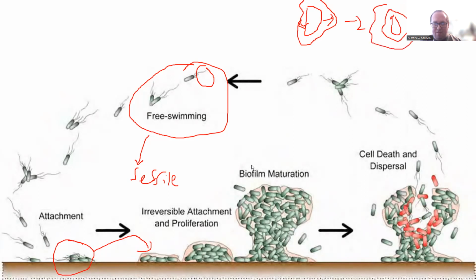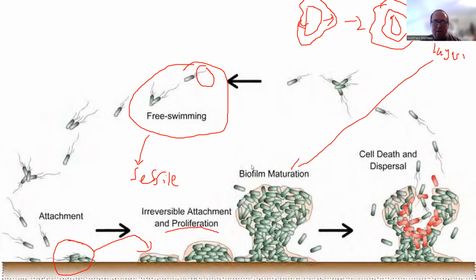And this layering of capsule creates what we call the slime layer. And the slime layer continues to grow out. And this then creates the first iteration of irreversible attachment and proliferation, plus the creation of their slime layer.